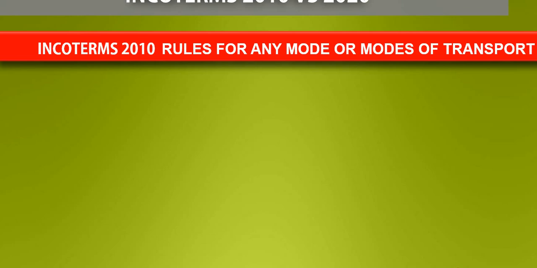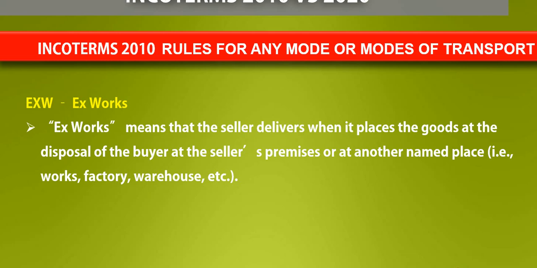So now we will study the meaning of each Incoterm, and then we will go to the comparison between Incoterms 2010 and 2020. First, Ex Works. One of the 11 Incoterms 2010 is Ex Works.